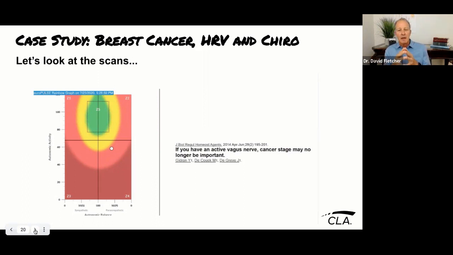And it was so important to understand that, because his statement was, if you have an active vagus nerve, the cancer stage may no longer be important.